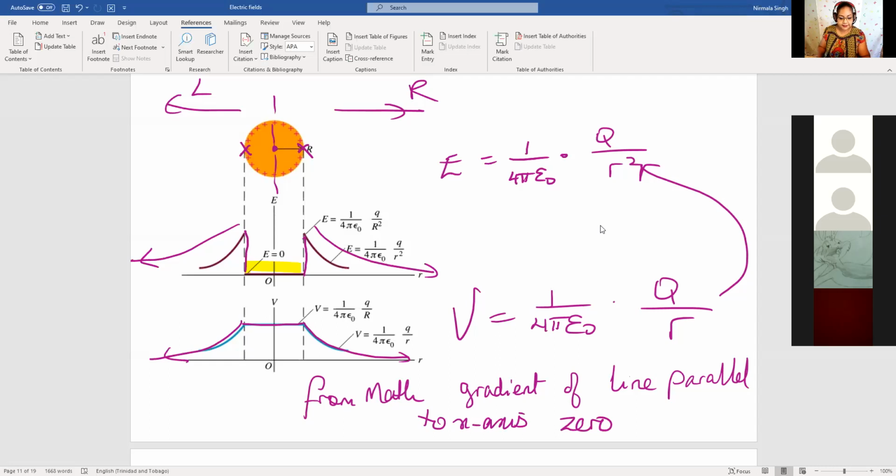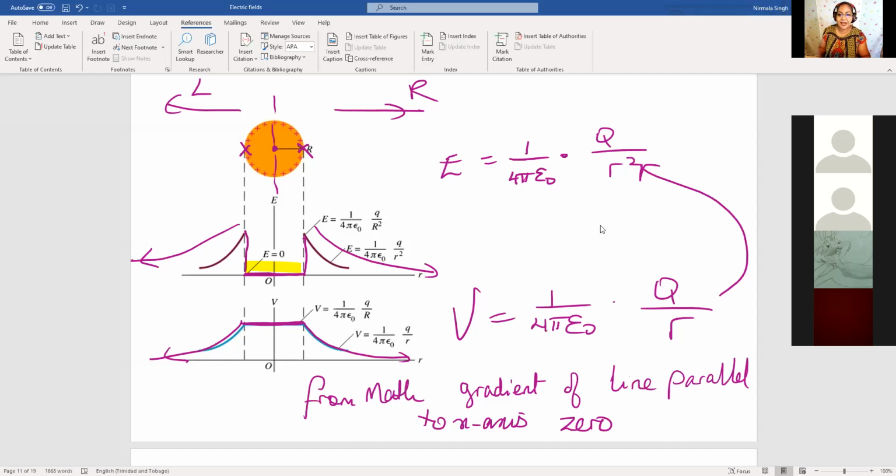And look here, for your V, we have a line parallel to the x-axis, and for E, our parallel line is going to give us 0. So that means that the gradient of your V is actually equal to E.